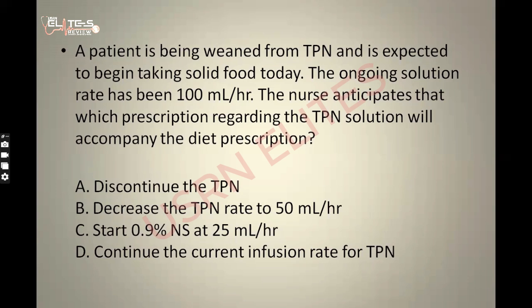So like this same TPN, the sugar, the main reason is what I explained earlier. Look at what the question said: the person has been taking 100 mils per hour and you want to stop it. The pancreas has already produced enough insulin to meet these glucose needs in the patient's system.